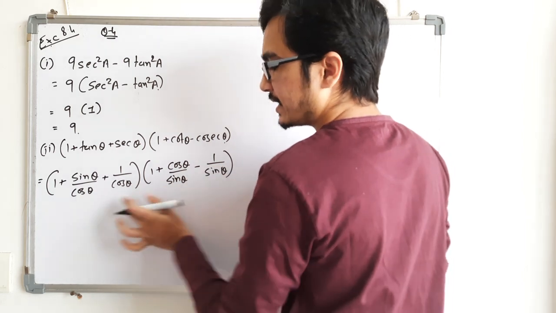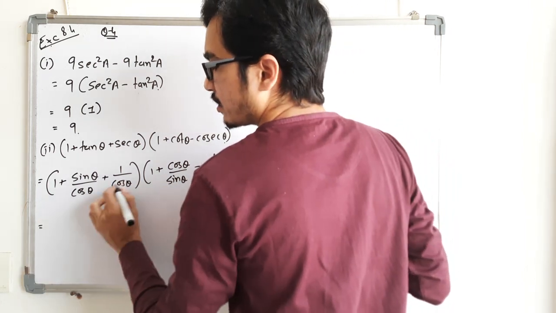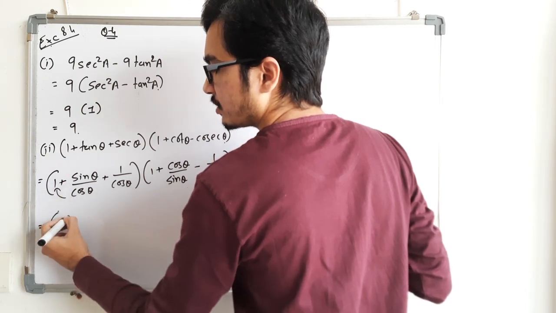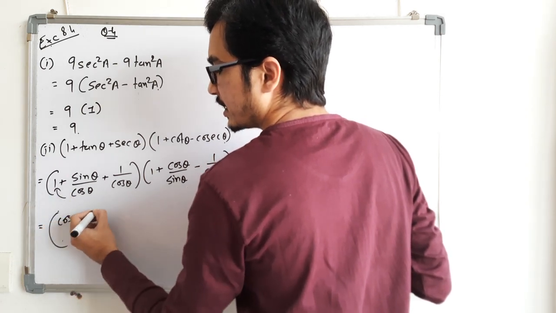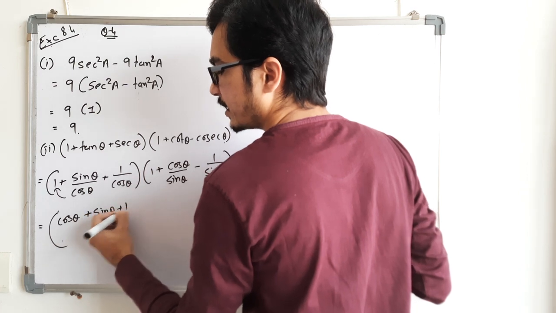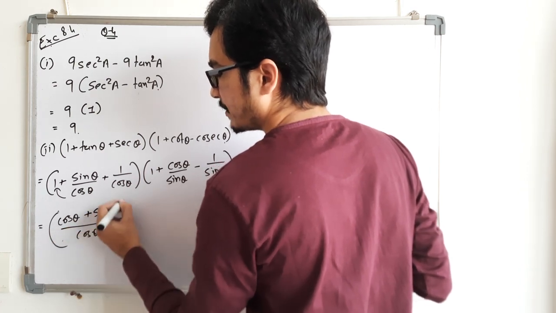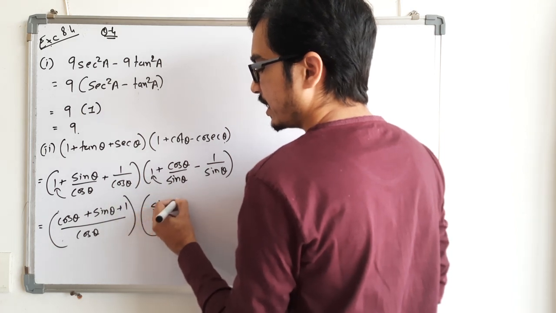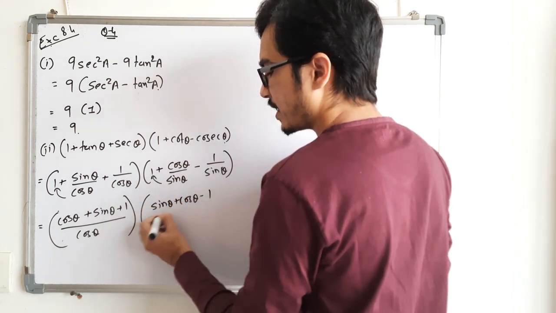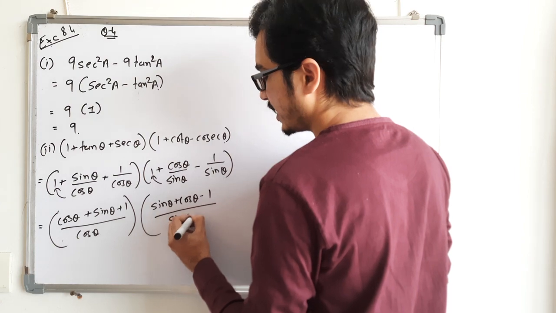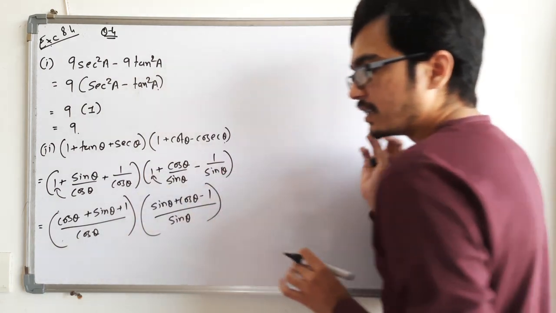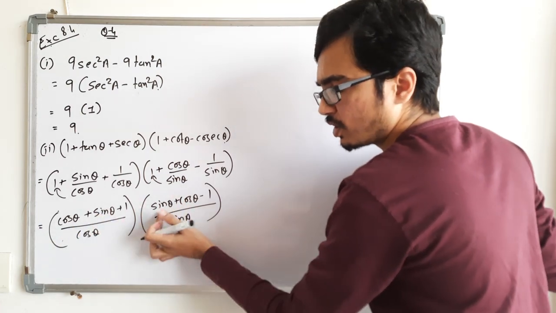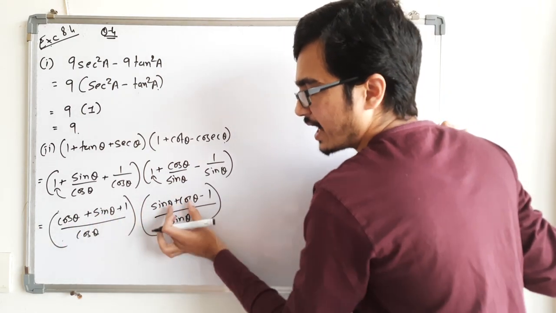Let us take cos as LCM here, and sine as LCM there. So here we have to multiply cos: cos theta plus sine theta plus 1 upon cos theta as LCM. Sine as LCM: sine theta plus cos theta minus 1 upon sine. Now consider this cos plus sine, and this also cos plus sine, as x.